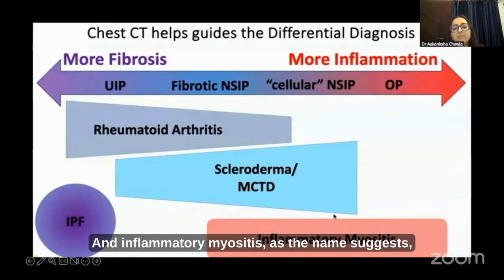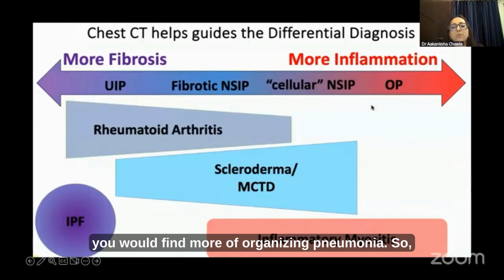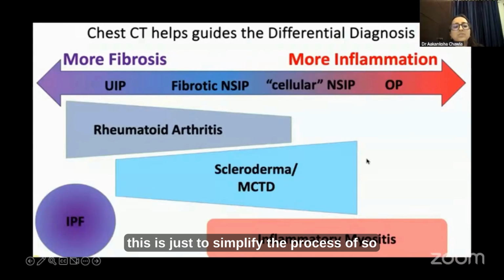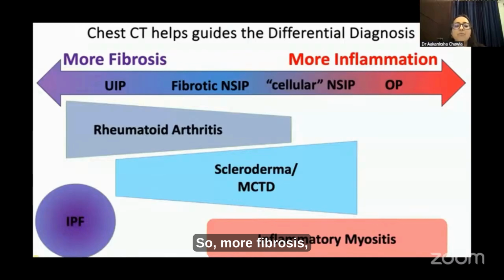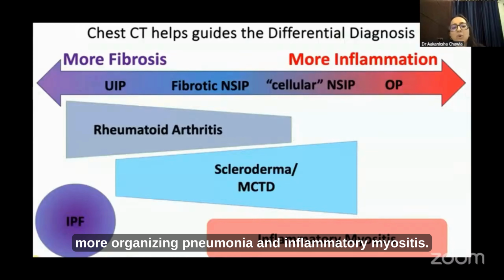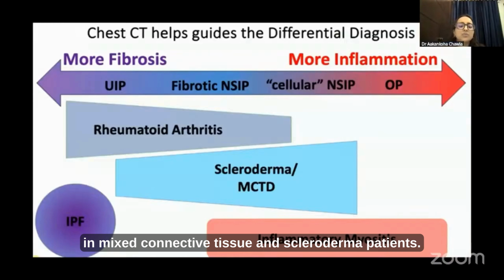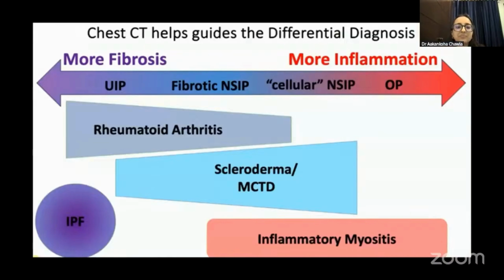And in inflammatory myositis, as the name suggests, more inflammatory, you would find more organizing pneumonia. So, this is just to simplify the process of so many patterns and so many connective tissue diseases. So, more fibrosis, more UIP in rheumatoid arthritis; more inflammatory, more organizing pneumonia in inflammatory myositis; and a cellular NSIP mixed pattern in mixed connective tissue disease and scleroderma patients.